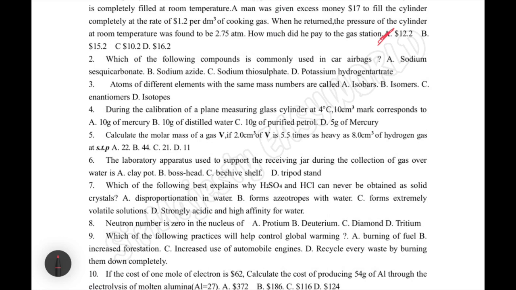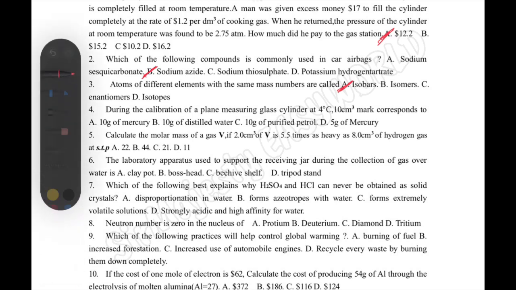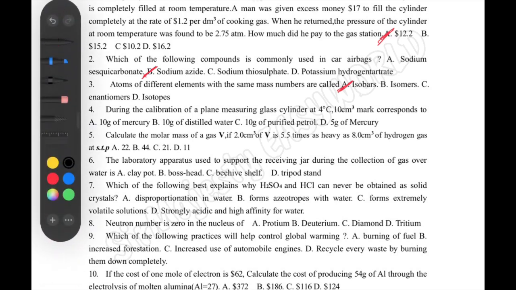Number 2 we said is sodium azide. Number 3, atoms of different elements with the same mass number, we call them isobars. Then, during the calibration of a plane measuring cylinder, we have to note that it is plane.